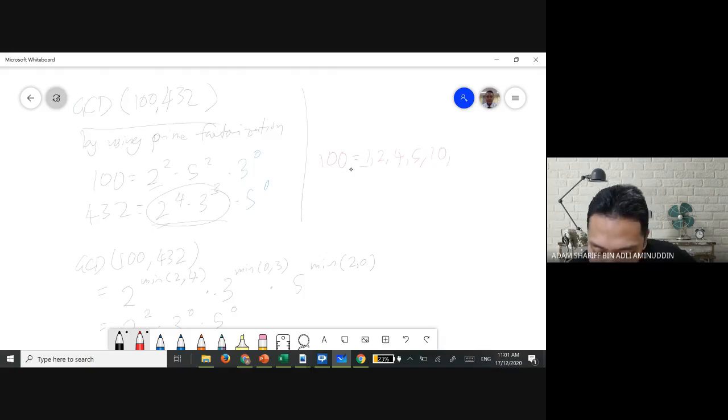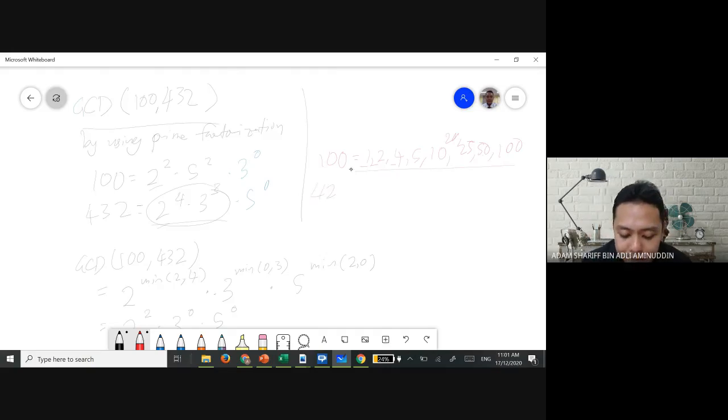If 1, there will be 100. If 2, there will be 50. If 4, there will be 25. Okay, 4, 25, 5 with 5, 20 and 10 with 10. So these are the factors of 100.